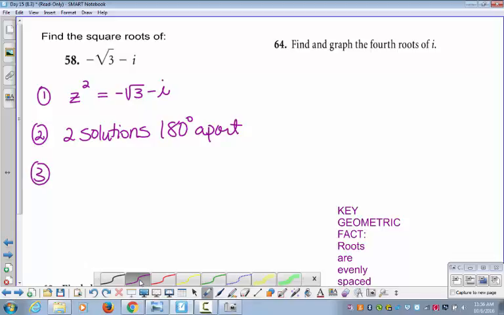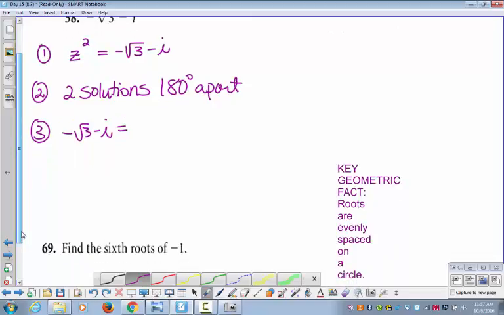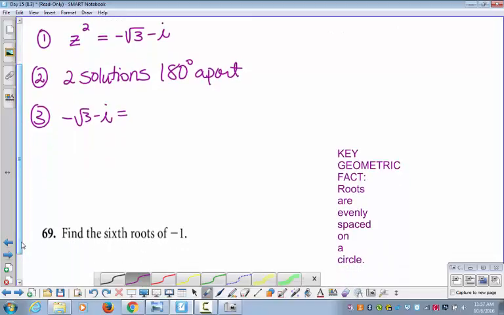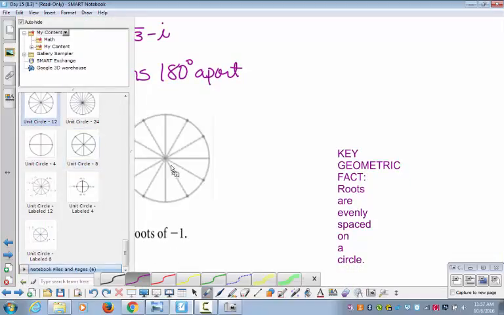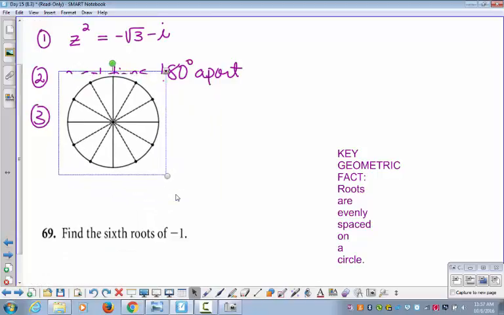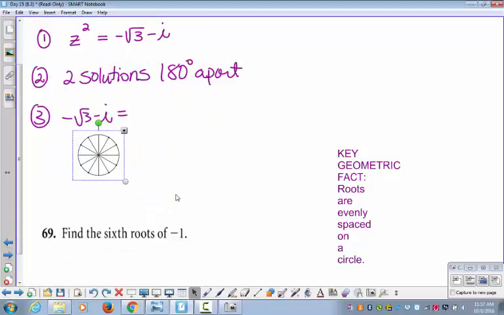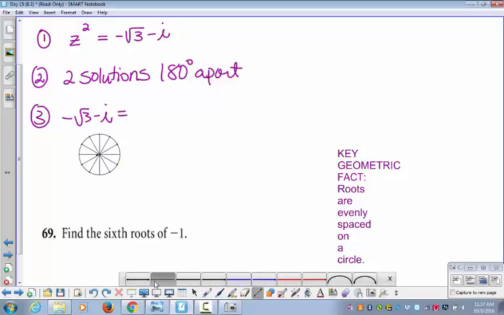Now we have to convert minus root 3 minus I into trigonometric form. All right, we're in quadrant 3, 12-sector circle. And the root 3 is with the first position, so I'm assuming that we're at the less steep terminal ray.